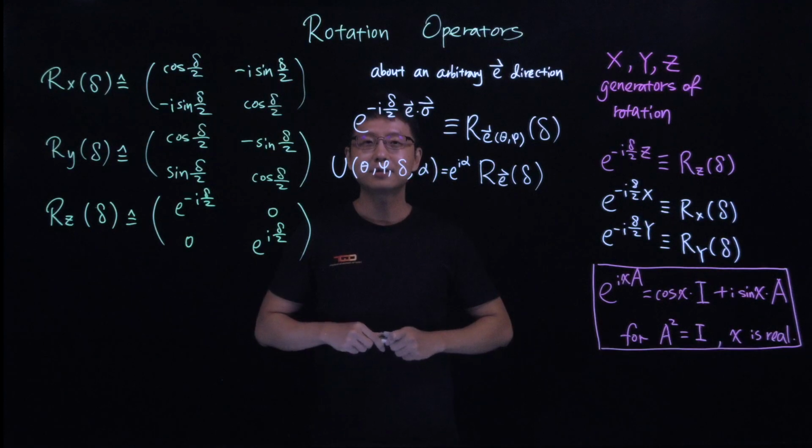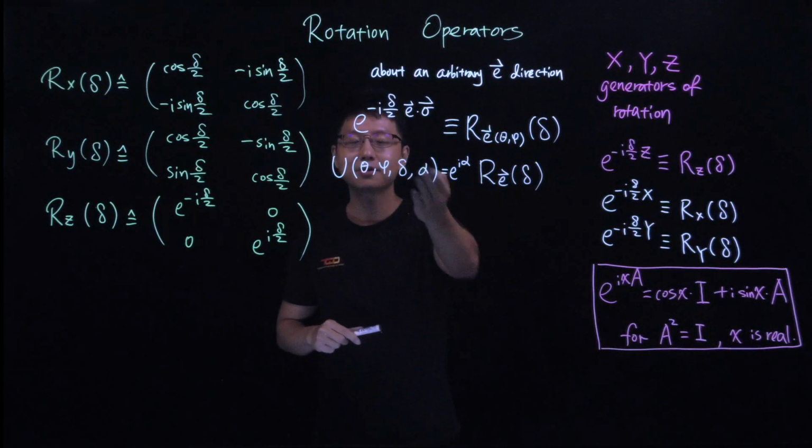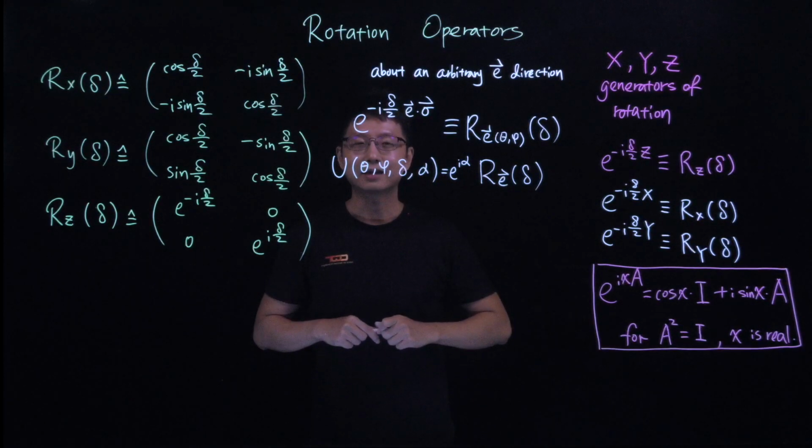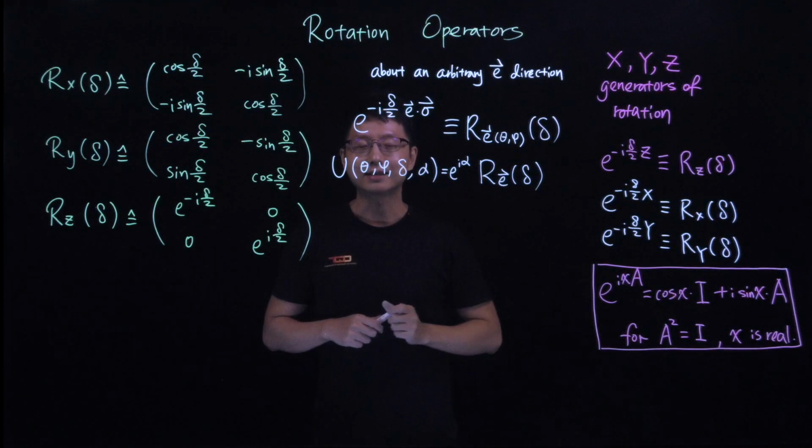There is an important theorem called the ZY decomposition theorem, which says it is possible to decompose a general unitary operation acting on a single qubit as rotations around the z and y axis only.